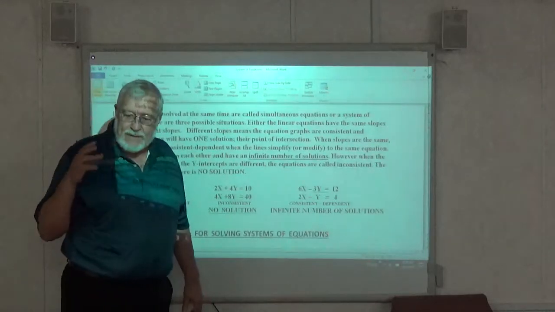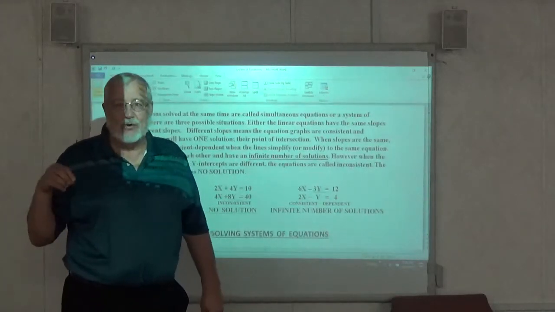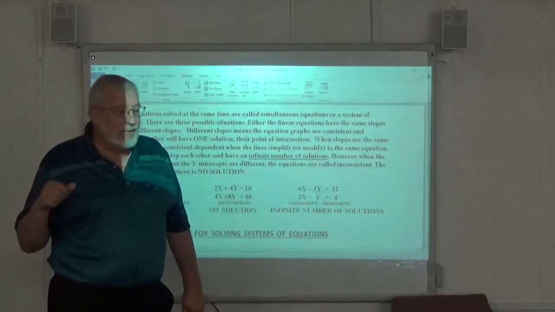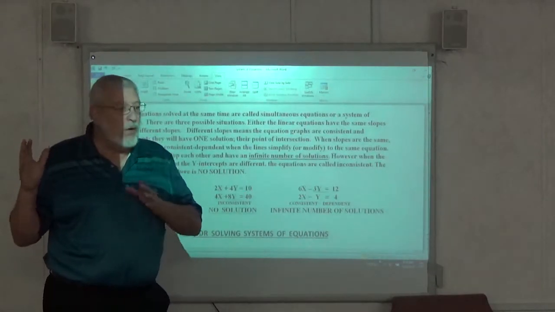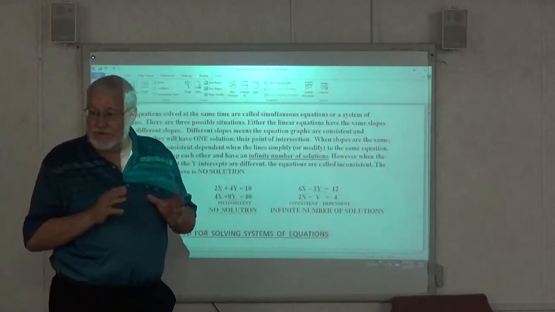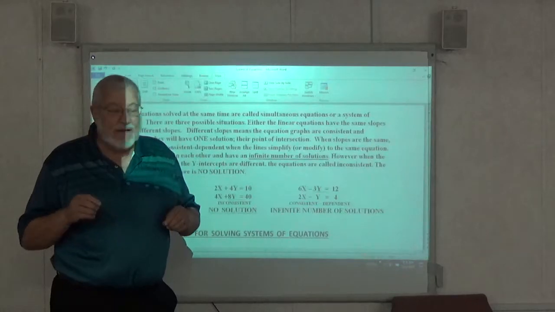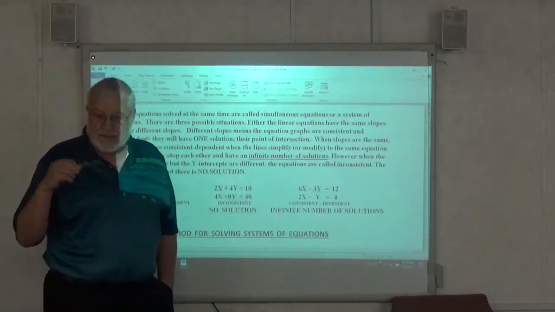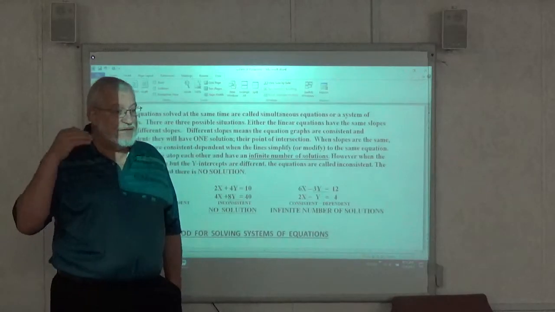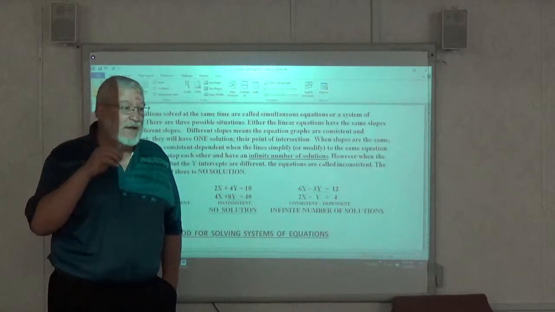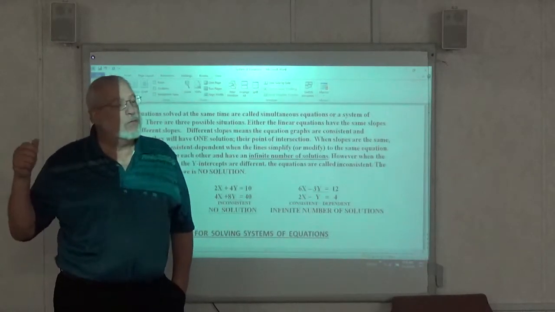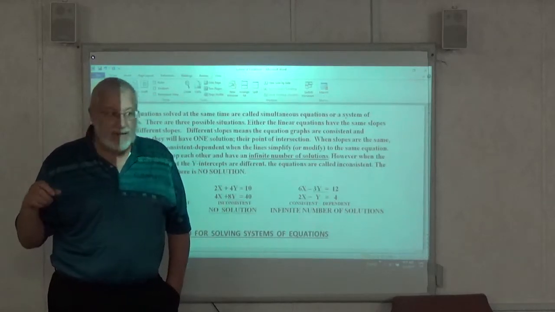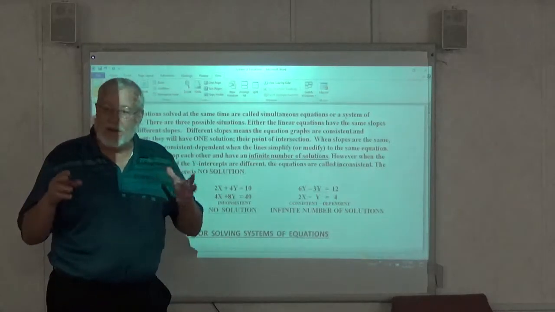Now, this lesson that we're going to work on today is one of a number of steps. In Algebra 1 you went through systems of equations, and you learned replacement and a few other steps.